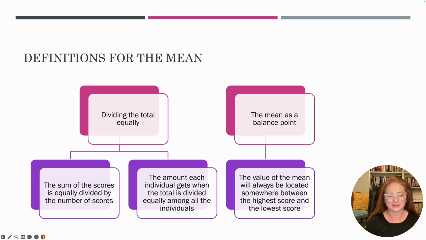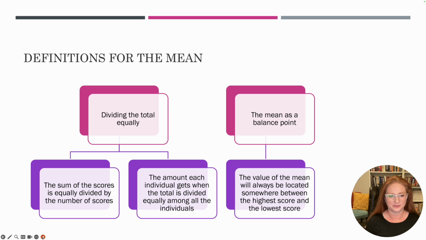Okay, some of the definitions for the mean: you're dividing the total equally. It is a balance point of your total grouping of your scores, right? When we talk about balancing the point, the value of the mean will always be located somewhere between the highest score and the lowest score.